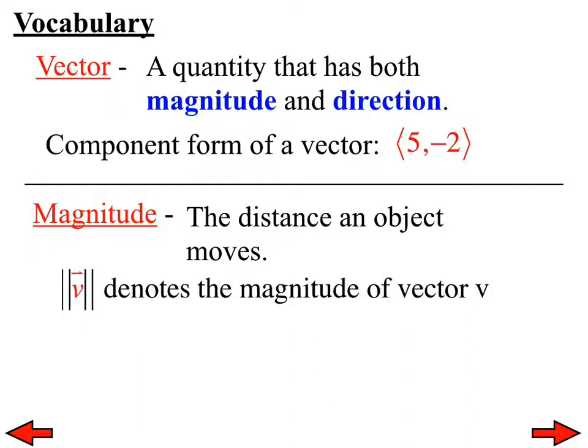And so when we see those double bars around a vector, that automatically means that we need to find the magnitude. So that is telling us to find the magnitude of vector V when we have those double bars around it. And we're continuing to fill in blank areas here.